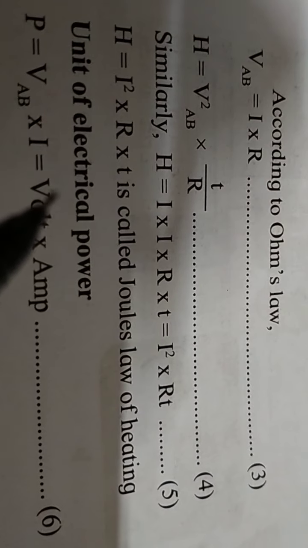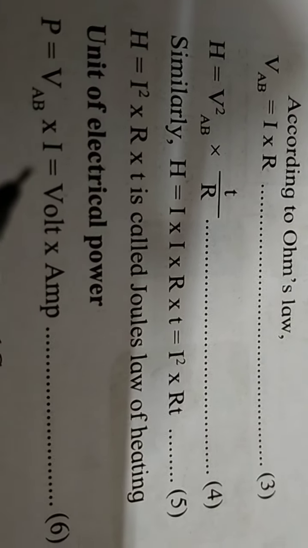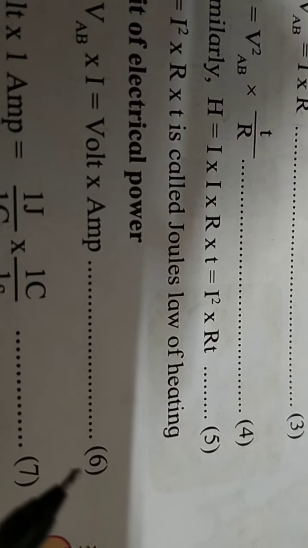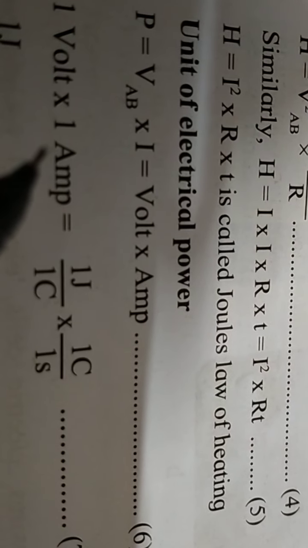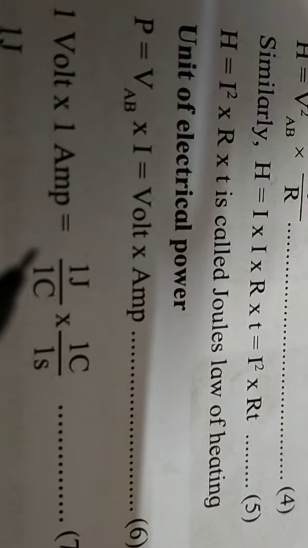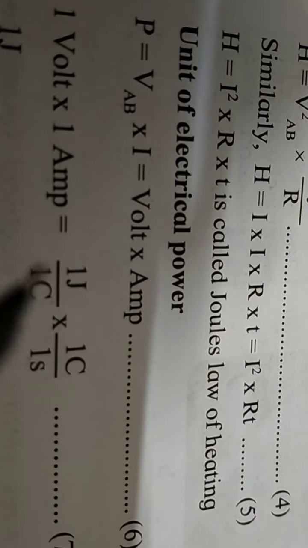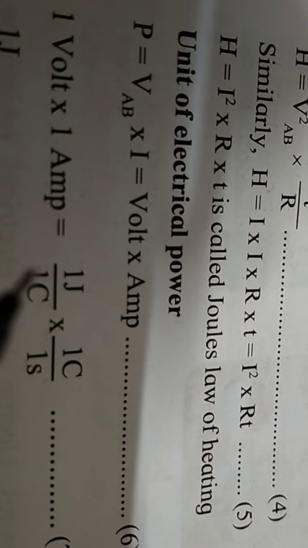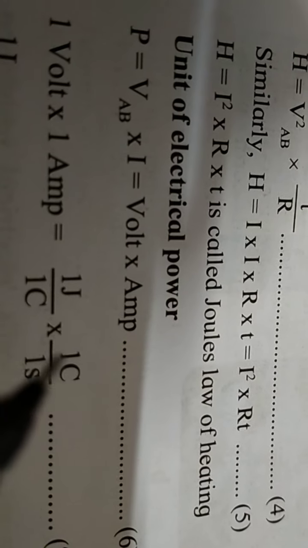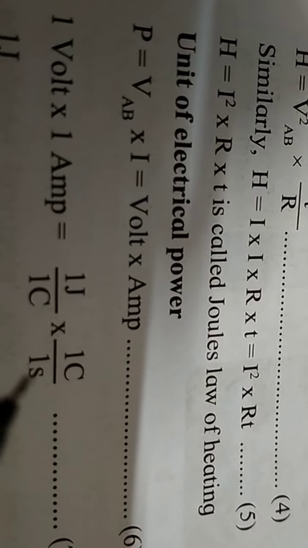The unit of electrical power, that is P is equal to VAB into I, that is volt into ampere, that is our sixth equation. So 1 volt into 1 ampere is equal to volt ampere. Again this is the unit, that is joule, 1 joule per coulomb, and ampere is 1 coulomb per second.